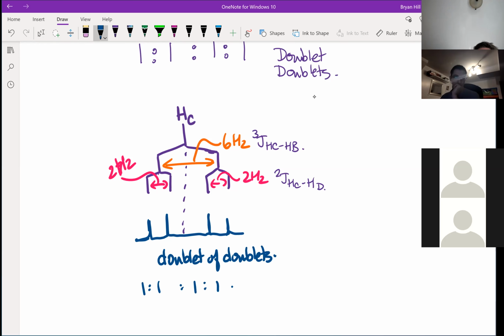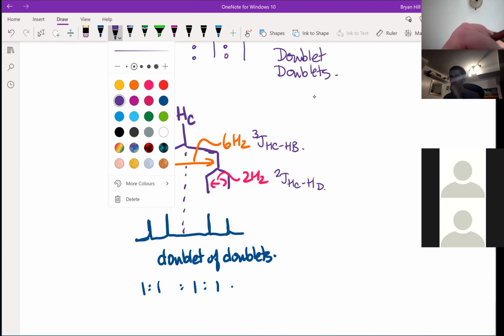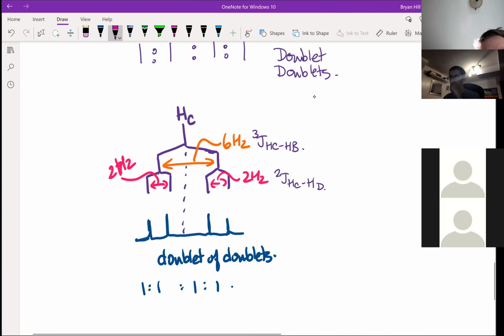And so the neat part is that if you're ever looking at something and it's got 4 lines and they're all relatively the same height, the space between here and here should be equal to the space between here and here.